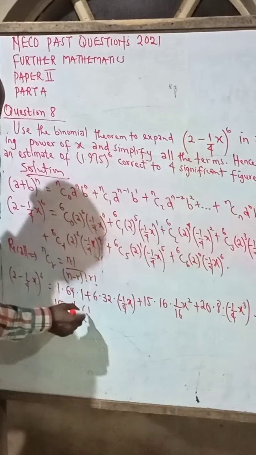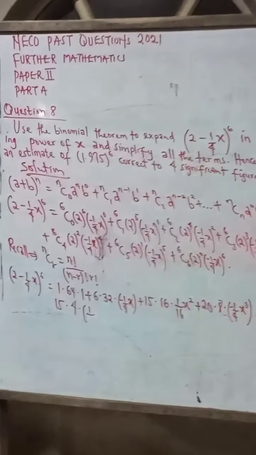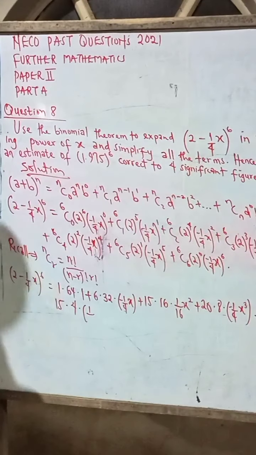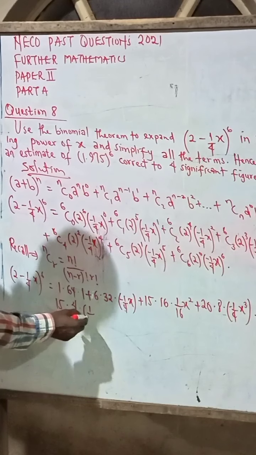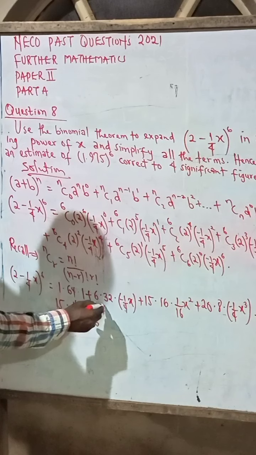That's 1 all over 4 raised to the power of 4, that's 4 times 4 times 4 times 4, that's 64 times 4. 64 times 4 is going to give us 216x raised to the power of 4.